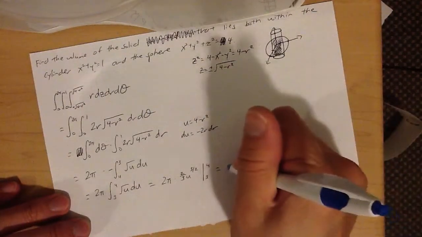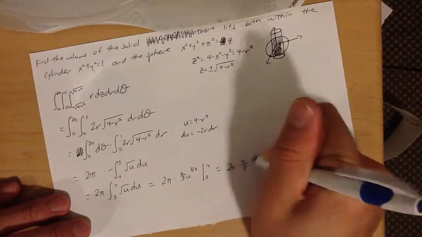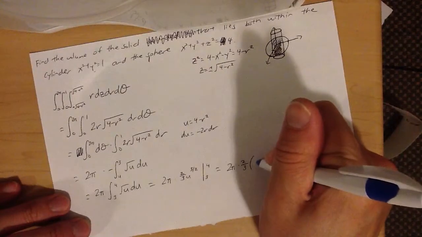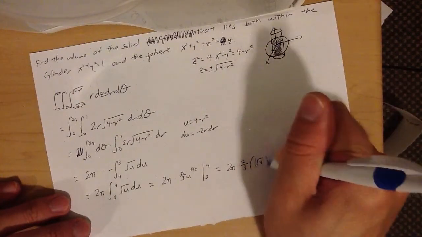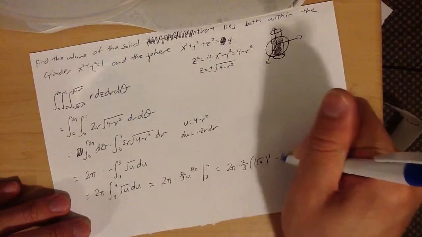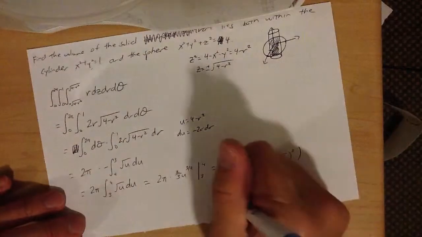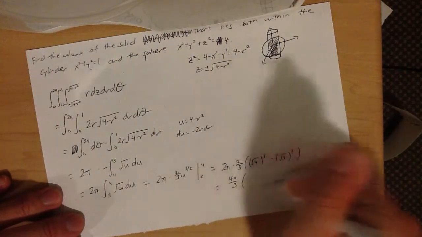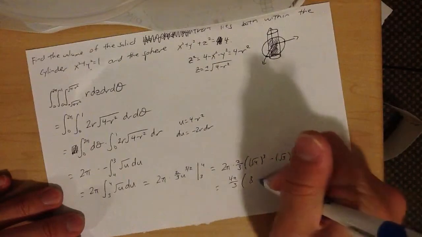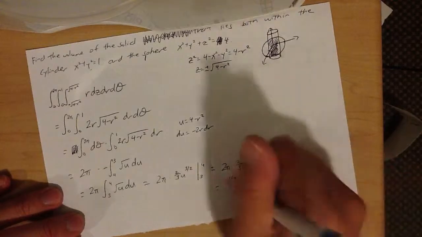So now this is equal to 2 pi times 2/3 times square root of 4 cubed minus square root of 3 cubed. Okay. So this is just 4 pi over 3 times 8 minus square root of 3 cubed. Okay, so that should be your answer.